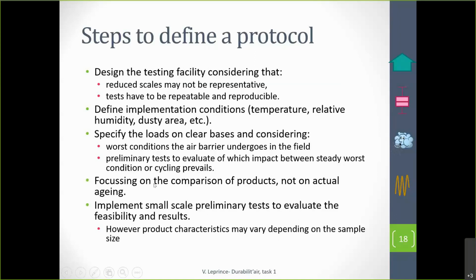You have to focus on the comparison of products and not try to do actual aging and say that it will last 50 years or something. It's also important to implement small-scale preliminary tests to evaluate the feasibility and the results before making full-scale tests.